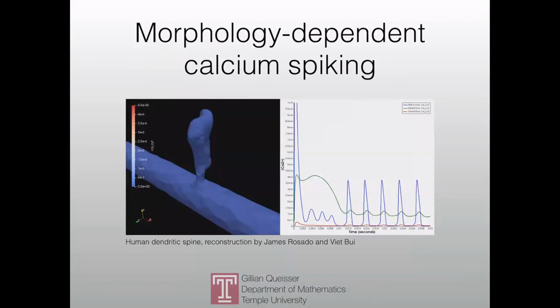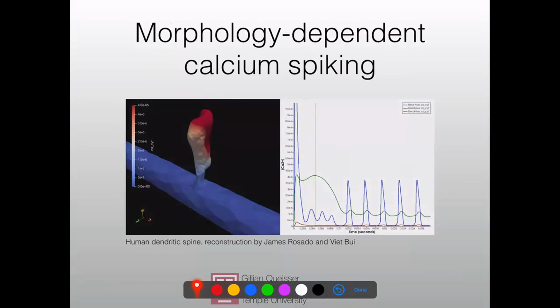So we are currently working on reconstructing human dendritic spines and analyzing the effect of actually reconstructed spine morphologies on calcium dynamics. So what we saw in this model study using idealized geometries, does that transfer to actual spine reconstructions?